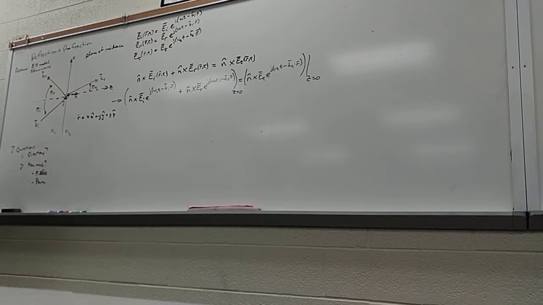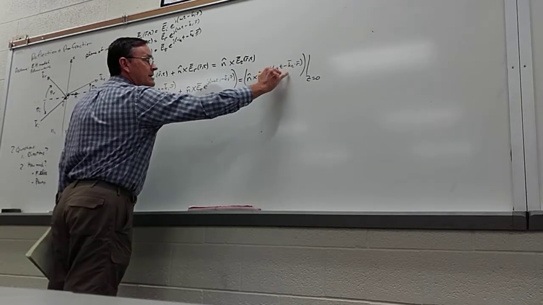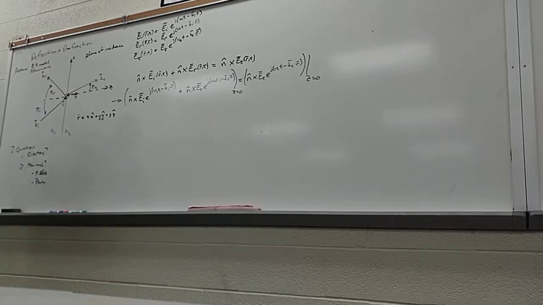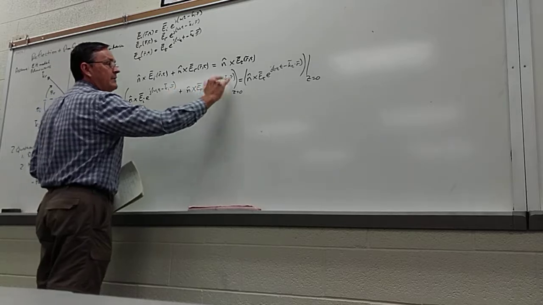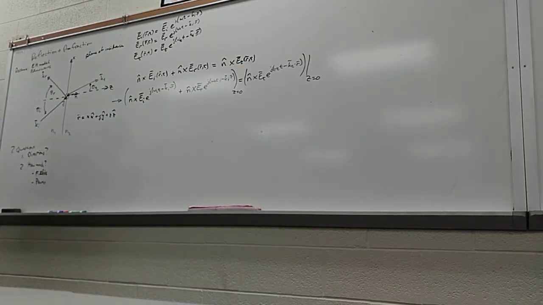So that means that in the complex exponentials, if there was a different functional dependence on boundary position or time, then this could never be true. Which means that these have to be equal, or we can never have that equation be true.